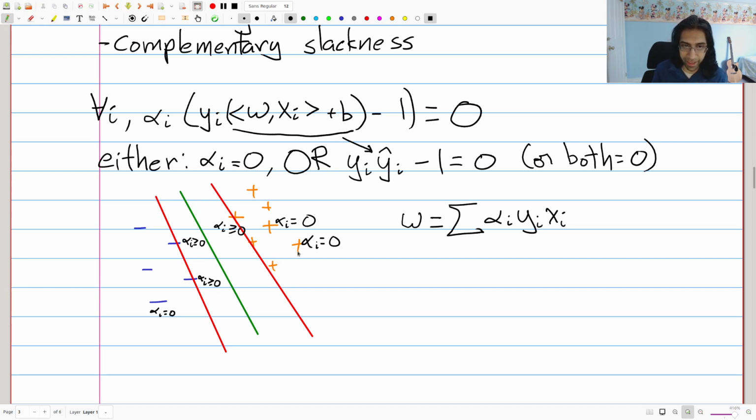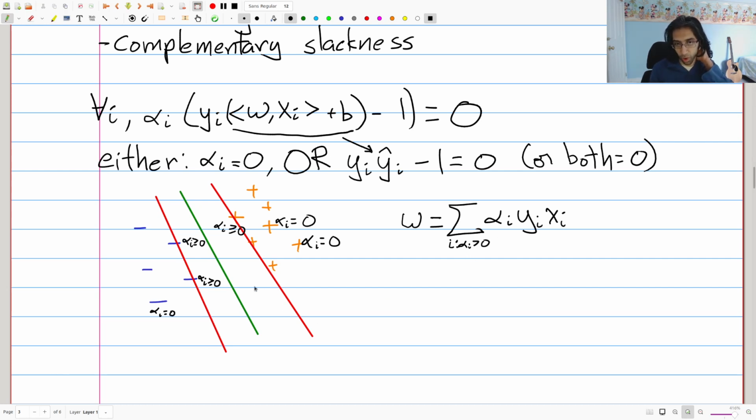Now, the nice thing is, if the alpha i's for certain points are going to be 0, that means they're going to totally disappear from this. Those terms are just going to be 0. And in fact, this can be written as a sum over all the i such that alpha i is greater than 0.